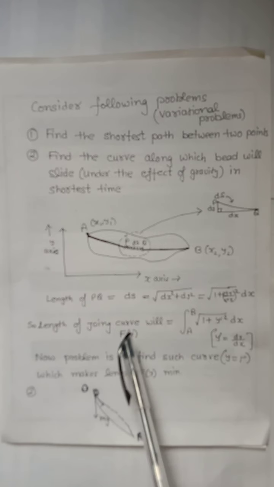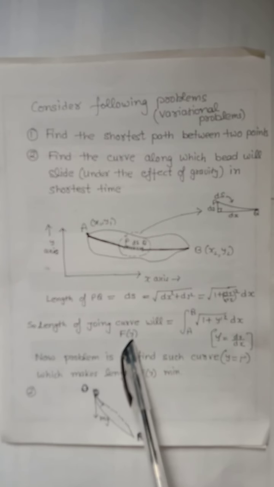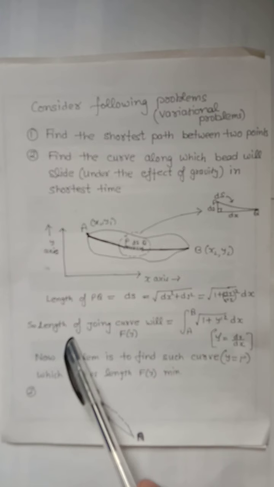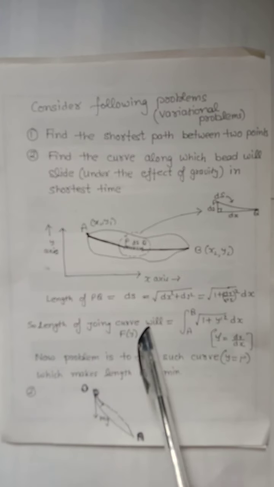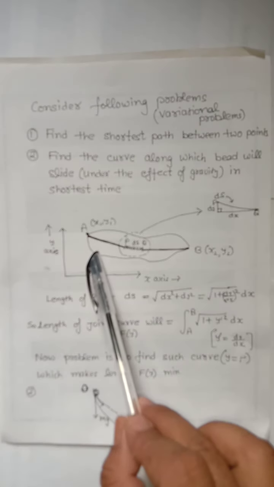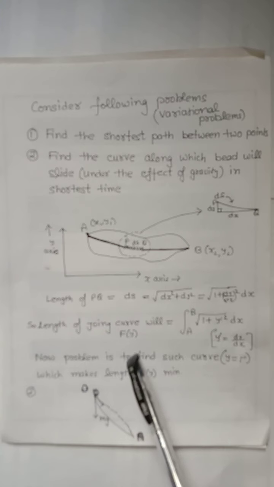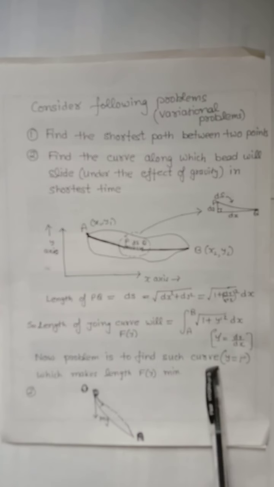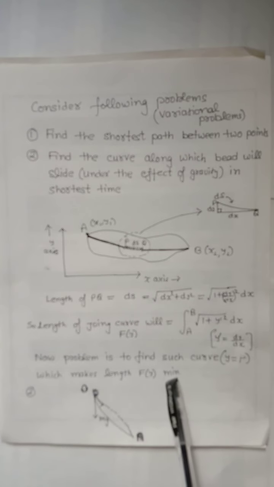Now F(y) represents the length of a curve y joining A to B. Now understand what I have to do. In this problem, I have to search a curve y for which the length F(y) is minimum.